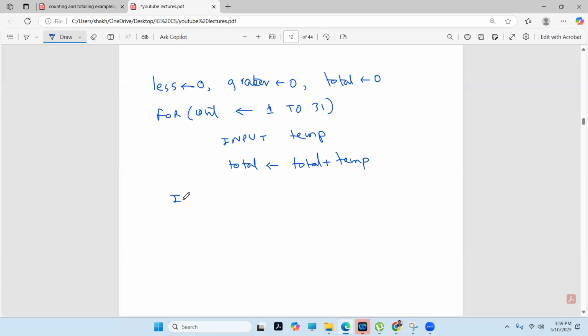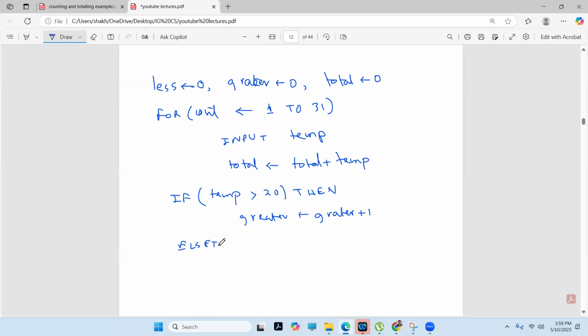Next, we will calculate how many times it is greater than 20 and how many times it is less than 15. Now, if the temperature is greater than 20, then greater equals greater plus 1.